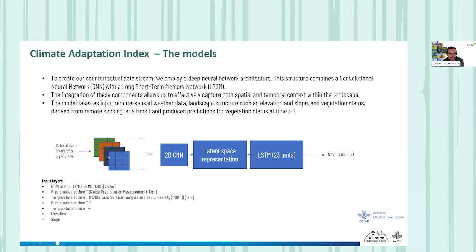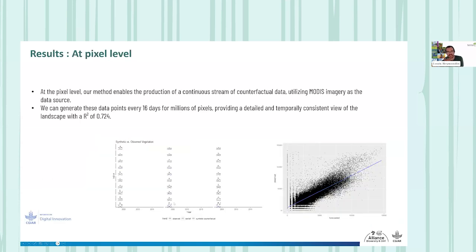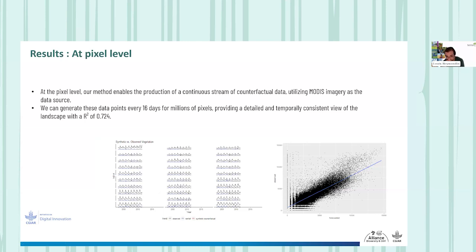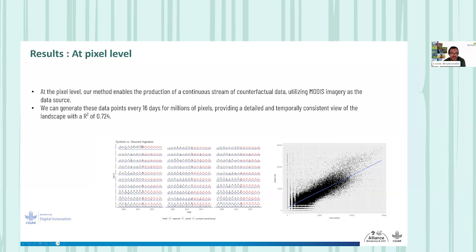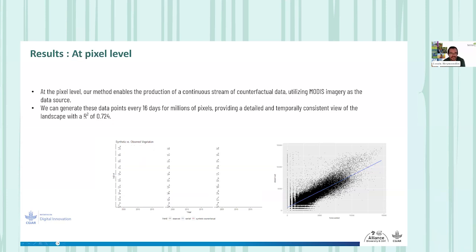And we have a bunch of remote sensing based indices and measurements of weather that go into the model. With this, we are able to predict, for millions and millions of pixels, what should be the status of the vegetation given the weather conditions. And we can do it fairly well, with an R squared of 0.72 on the test dataset.